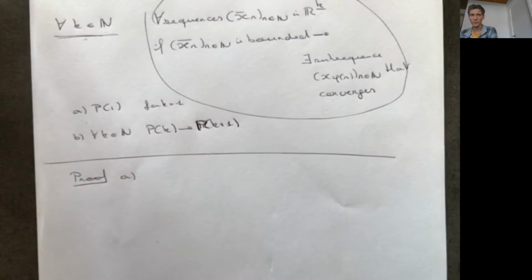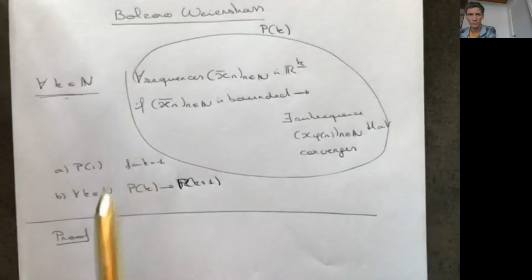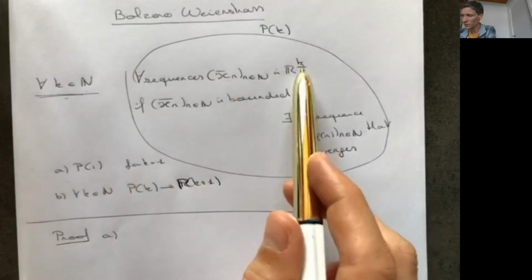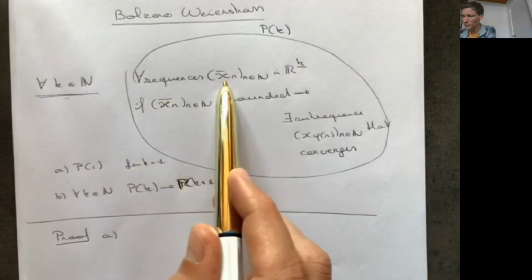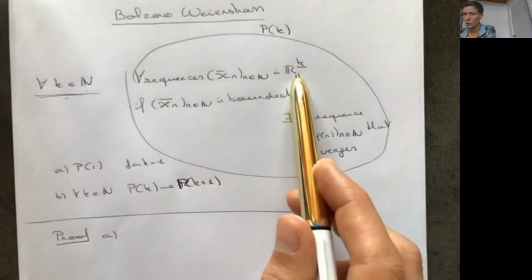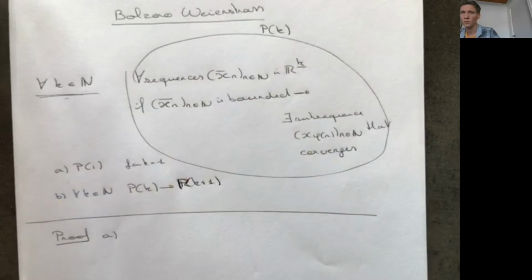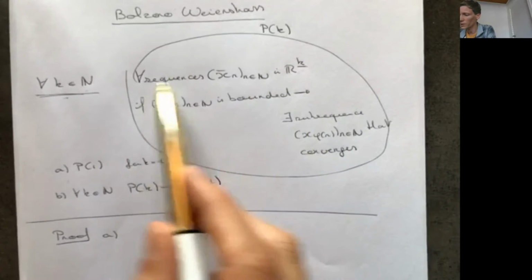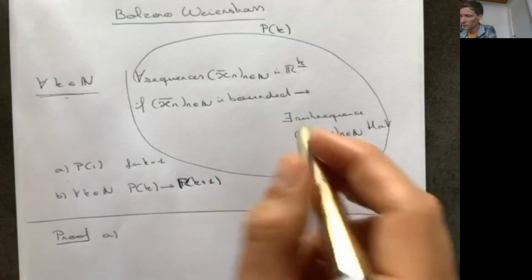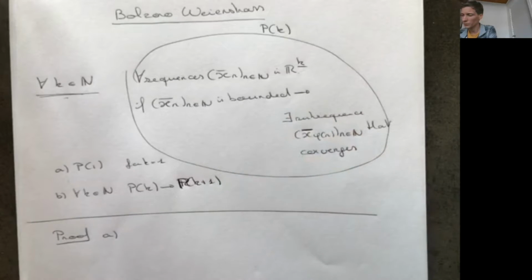So first, let's look at A. Try to prove it for k equal to 1. So what do we have if k is equal to 1? Then you have every sequence of vectors in R1. And what's R1? Well, R1 is simply the set of real numbers. So basically it says that for every sequence in R, if the sequence is bounded, then there exists a convergent subsequence.